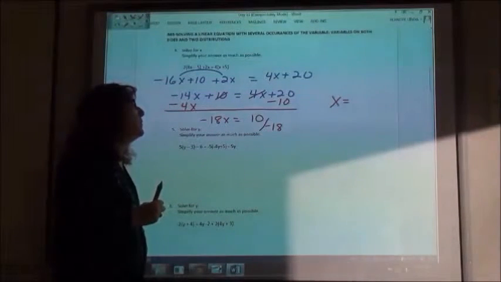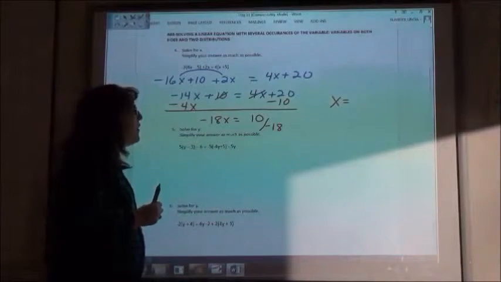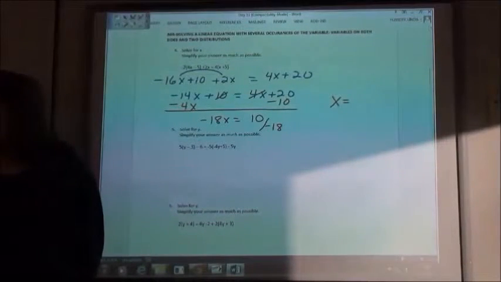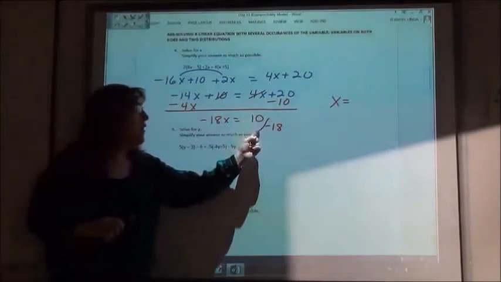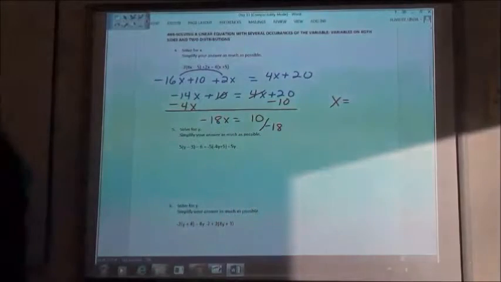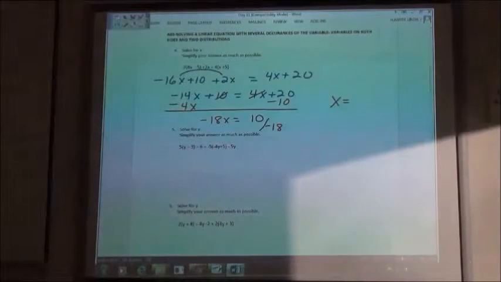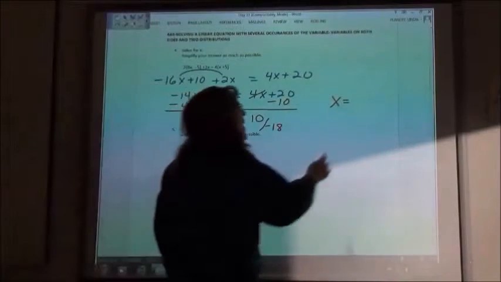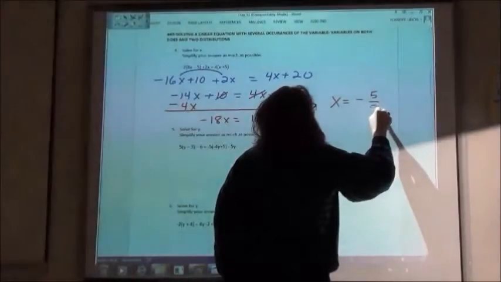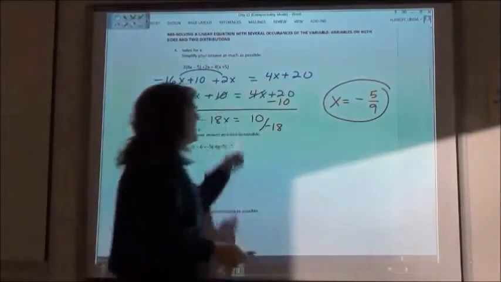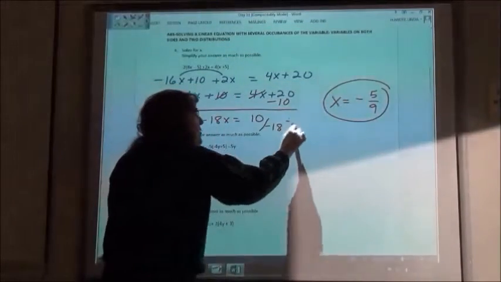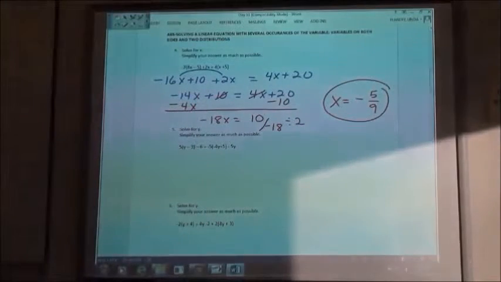Oh, 9/5. I think you did it the wrong way around then. Oh, did I? So, on your calculator, do 10 fraction negative 18. That's what you've got there, right? Yeah. Instead of the dividing, because the dividing gives you the decimal. Oh, 5/9. So negative 5/9. Because 10 and 18 were both divisible by 2, right? So negative 5/9 is how they're going to want that answer.